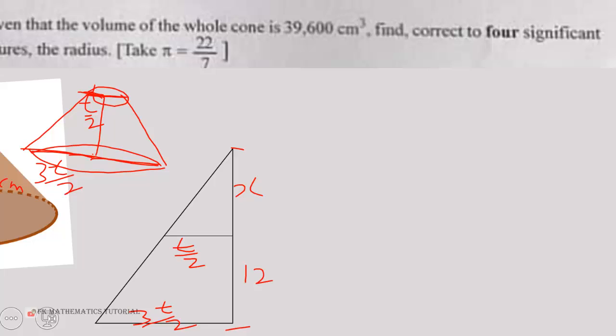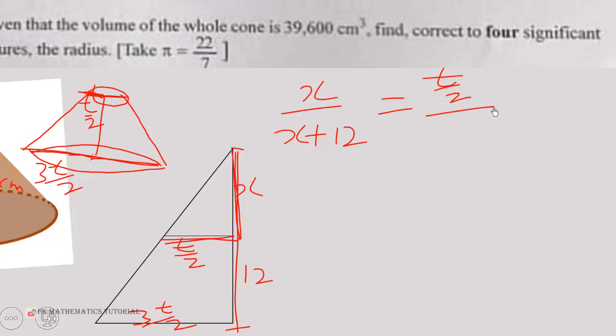So using similar triangles, we have this side over this side: x over x plus 12 will be equal to this side, which is t over 2, over this side, which is 3t over 2.